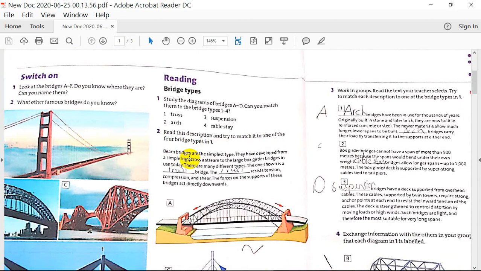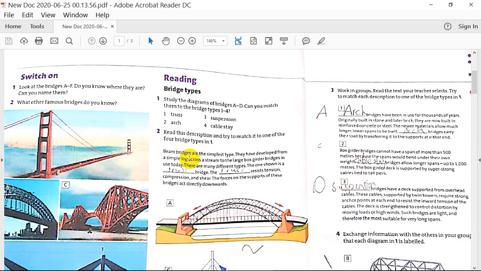They have developed from a simple log across a stream to the large box girder bridge in use today. There are many different types. The one chosen is a truss bridge. The truss resists tension, compression, and shear. The forces on the supports of this bridge act directly downwards.